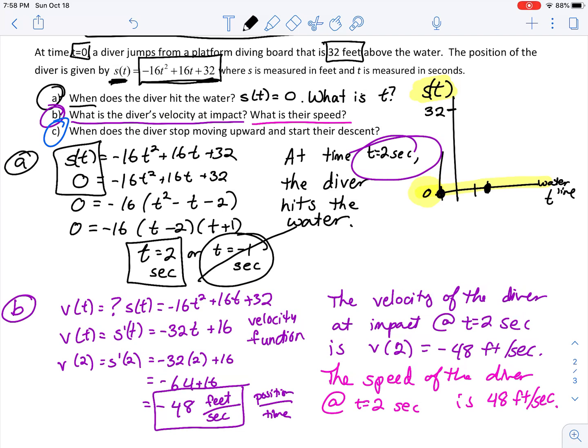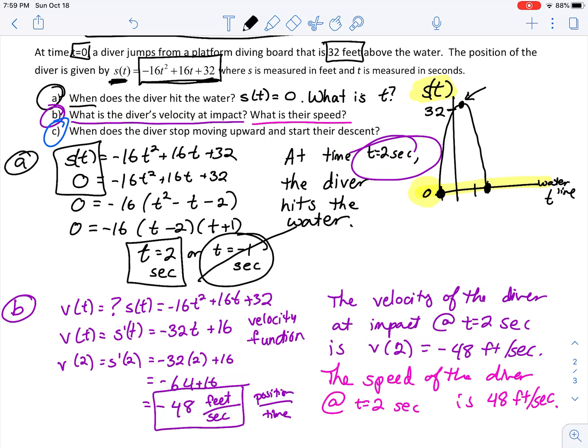Since we crossed through 32, there is some kind of a maximum that is higher than 32. Doesn't that make sense? Don't divers jump up slightly and then start moving downward? Absolutely they do. Go watch a YouTube video of a diver. So when does that switch over?